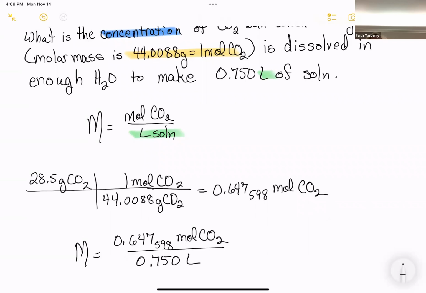And that comes out to be equal to 0.863 molar CO2. Yes, molar is another way to say molarity.